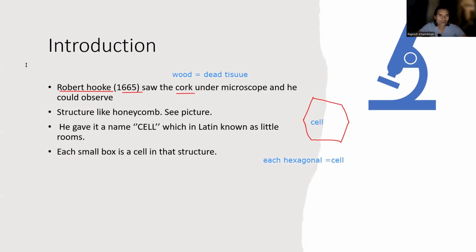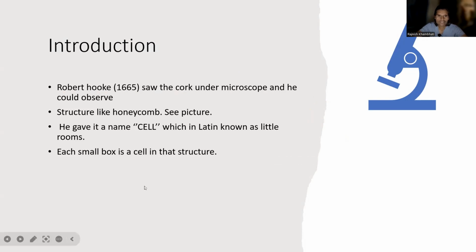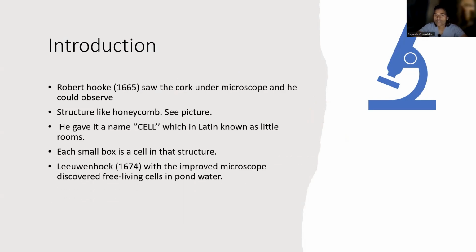Now, later on, another scientist came, that is Leeuwenhoek. In 1674, with the help of an improved microscope, he observed pond water. By this time there were good microscopes present.